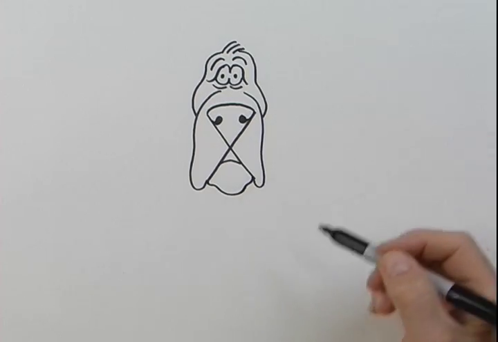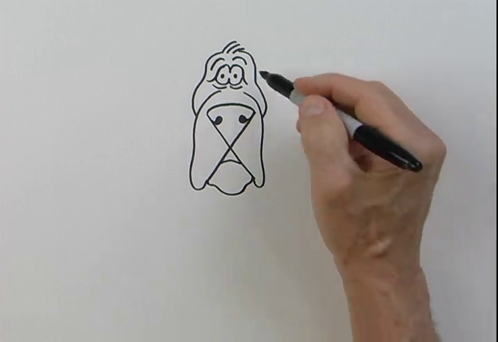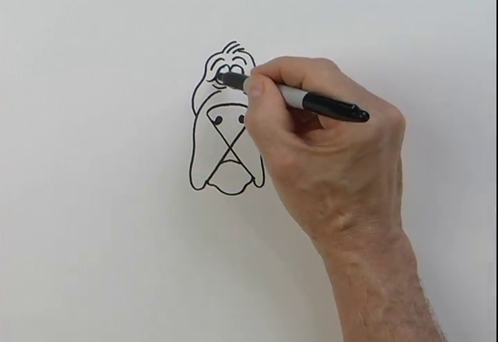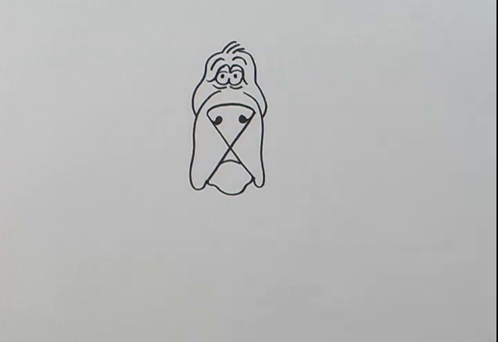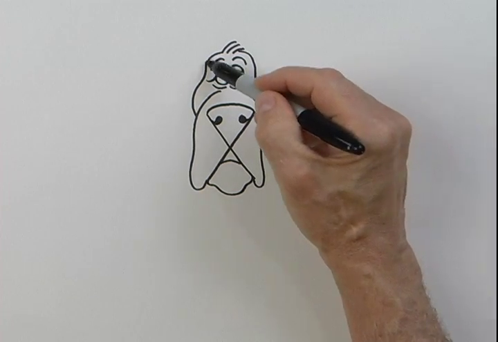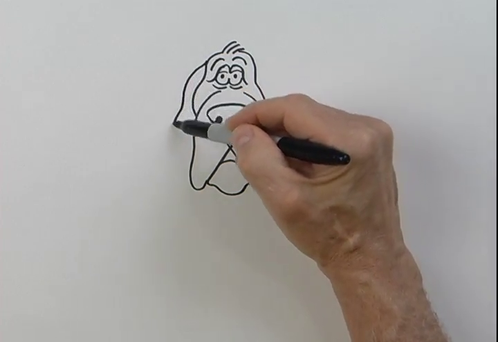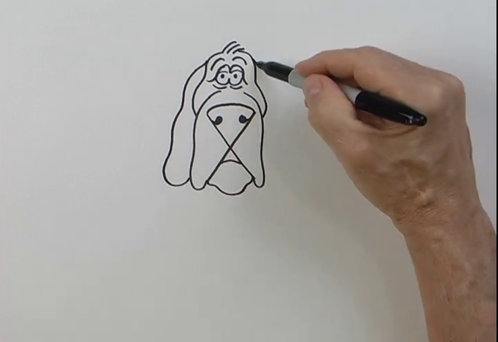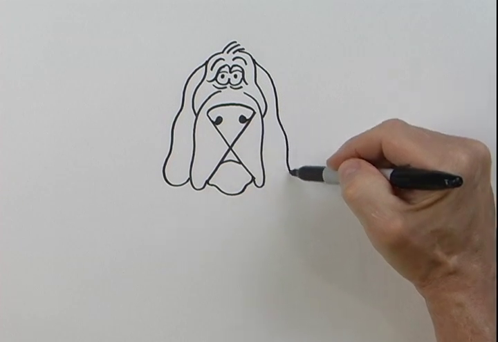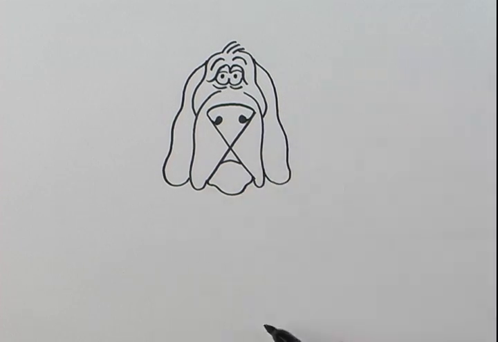Alright, now I'm going to draw his eyelids. Just two slight curved lines. And one long looping line for one ear. And another long looping line for another ear.